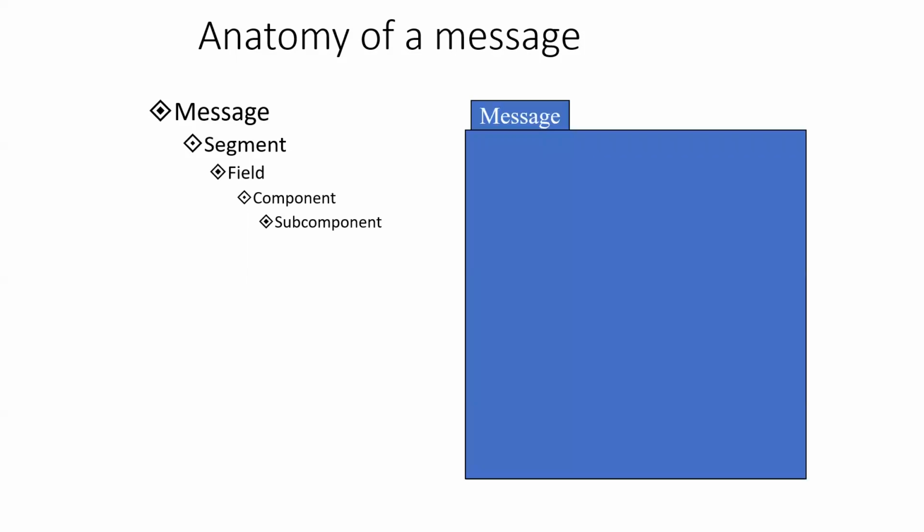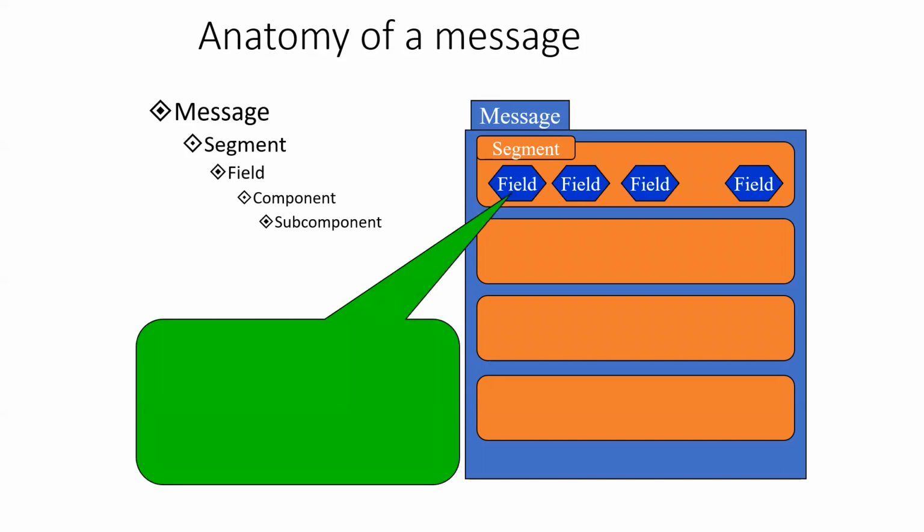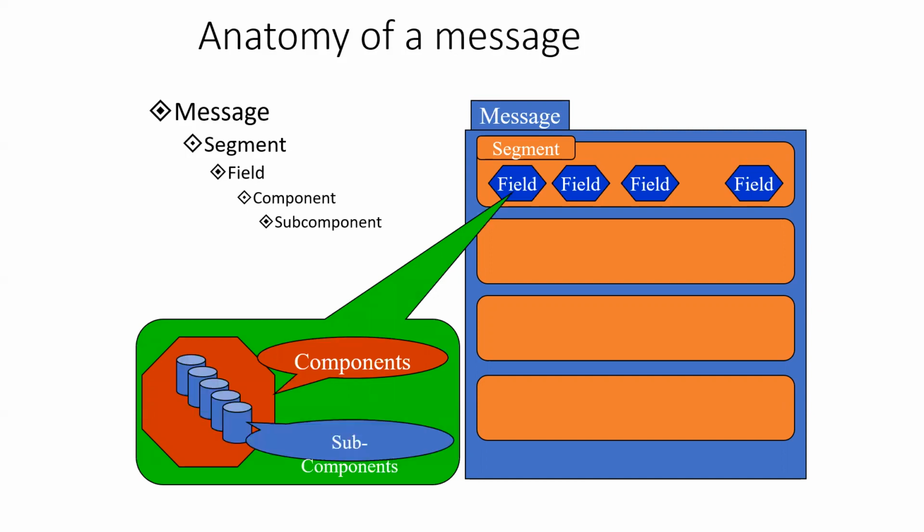So in any HL7 message, all the shelves can be compared to segments of the HL7 message structure, and all the compartments can be called fields. Fields can be further divided into components, and components can be further divided into subcomponents. How they are divided, we'll take a look at later with an example. But at a very high level, we'll look at the structure at least till the field level today.